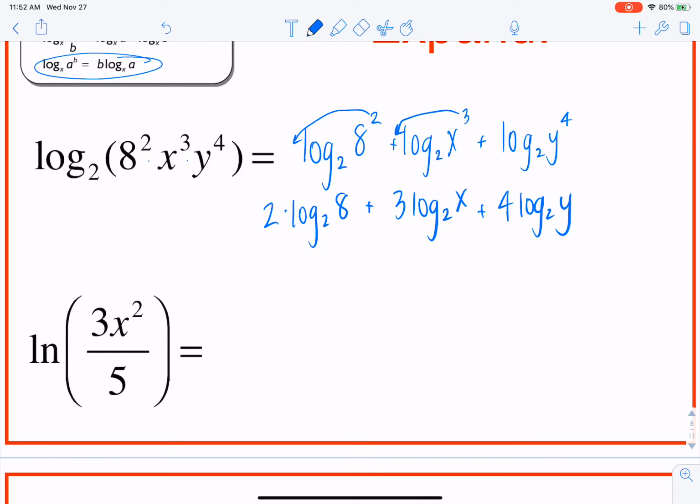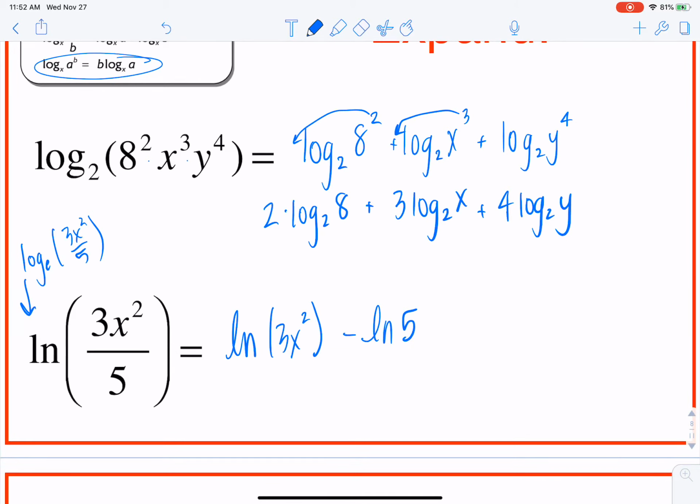And remember that these properties also apply to the natural log. So remember this natural log here is log base e. So this is the same thing as log base e of 3x squared all over 5. Just something to sort of keep in the back of your mind. So here I can say that this is the natural log of 3x squared minus the natural log of 5.